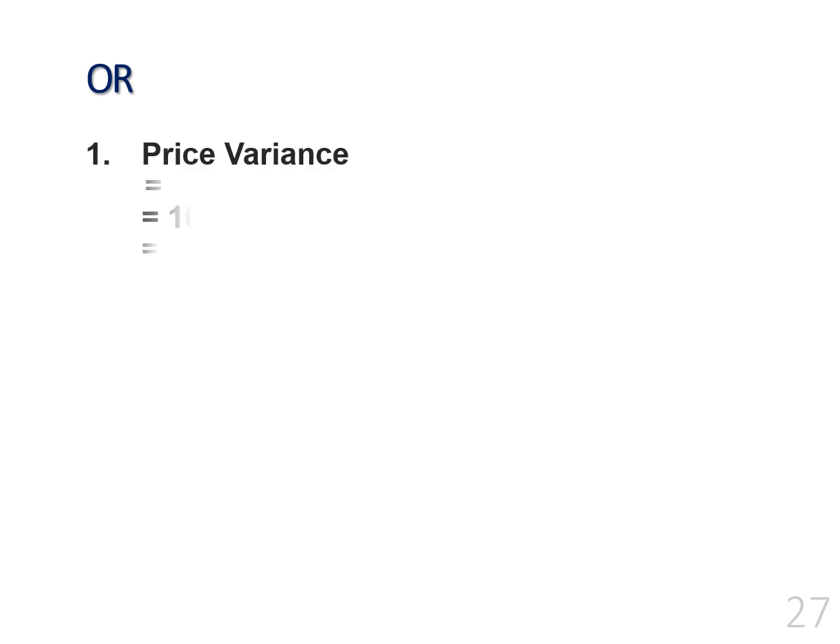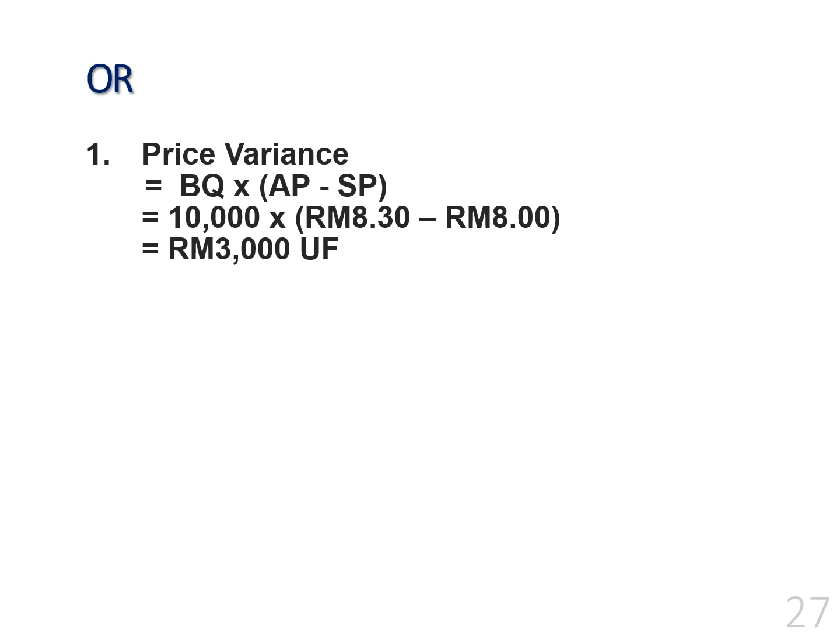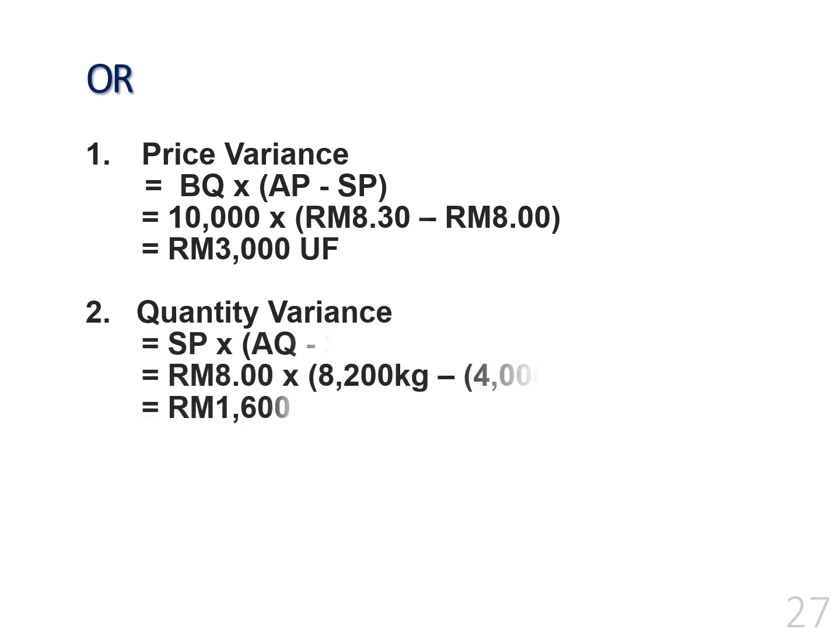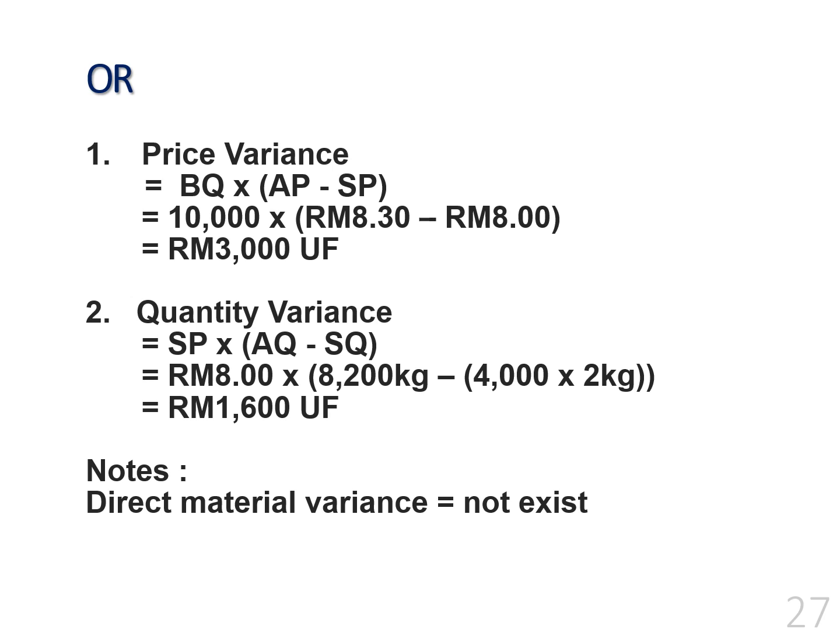Price variance equals BQ times AP minus SP, equals 3,000 unfavorable, and quantity variance equals SP times AQ minus SQ, equals 1,600 unfavorable. And there is no direct material variance in this case.